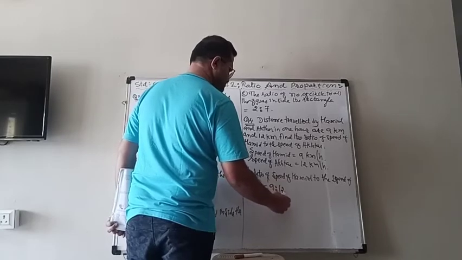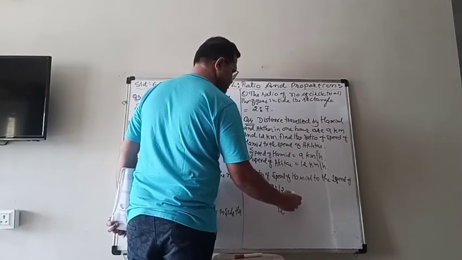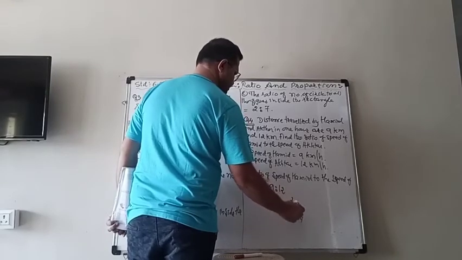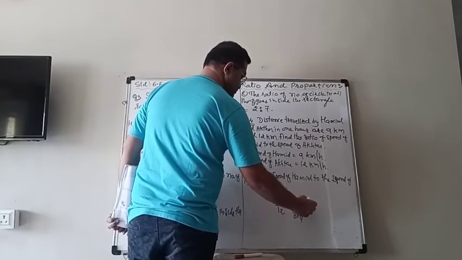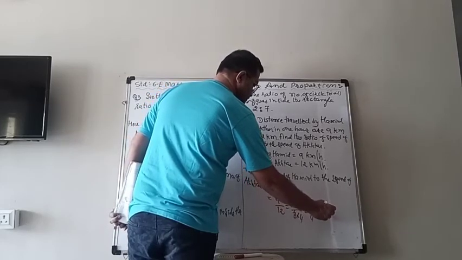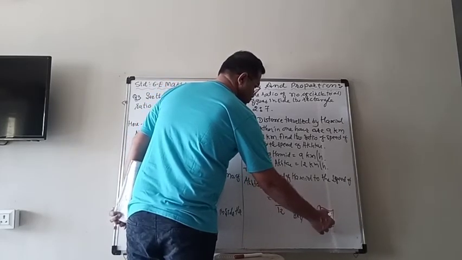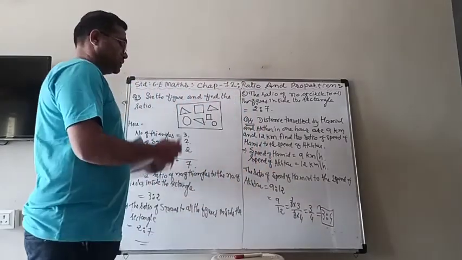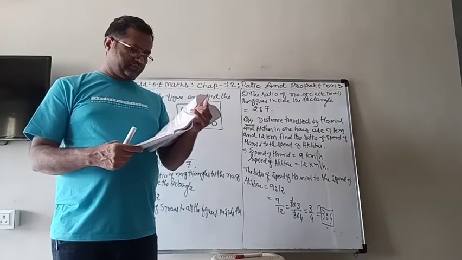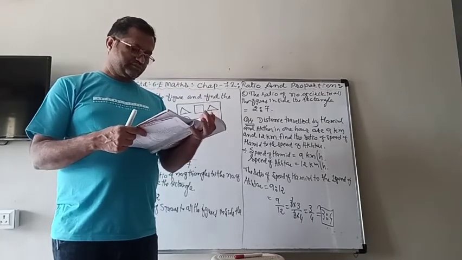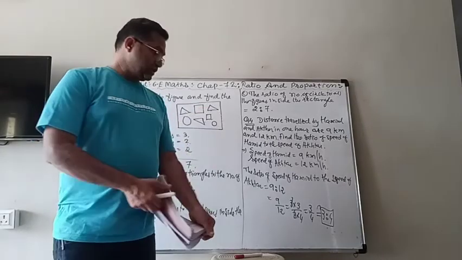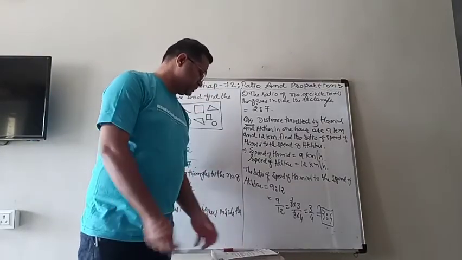We can write it as 9 upon 12. 3 threes are 9, 3 fours are 12. There is 3 upon 4, which we can write as 3:4. So by this method we can find the ratios.